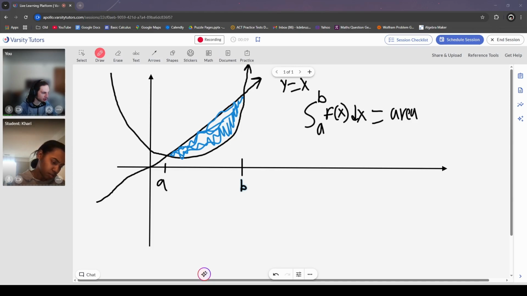So what about integration is giving you a problem? Is it the calculating? Is it that you don't understand what it is? Is it literally not knowing how to approach it?